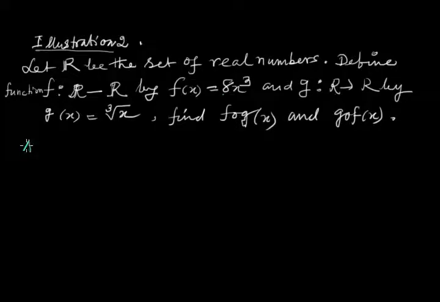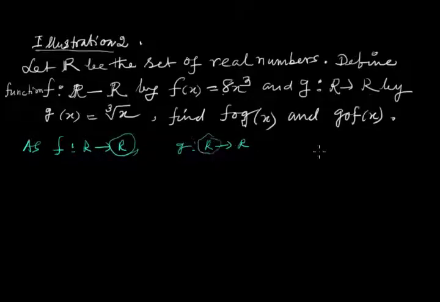As f is defined from R to R and g is defined from R to R, the codomain and domain are the same, therefore f∘g and g∘f exist. So f∘g and g∘f can be defined.